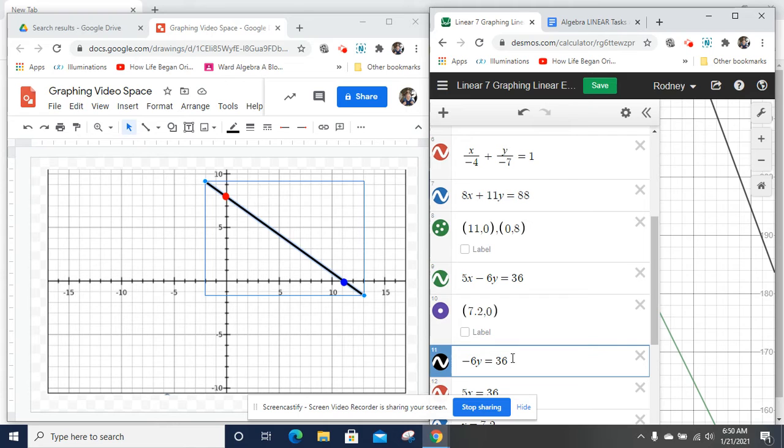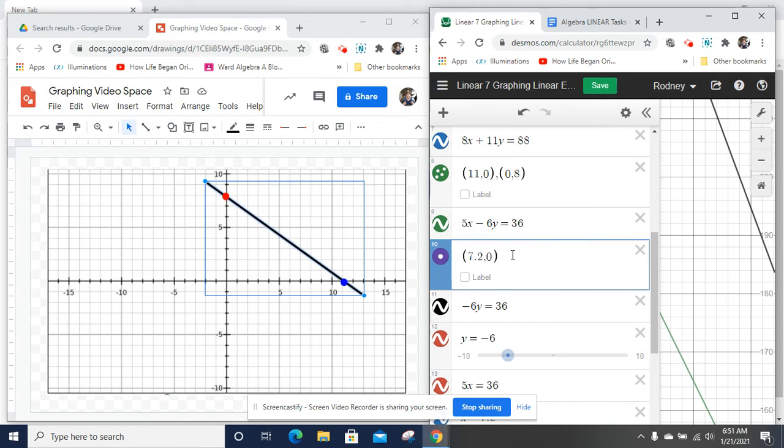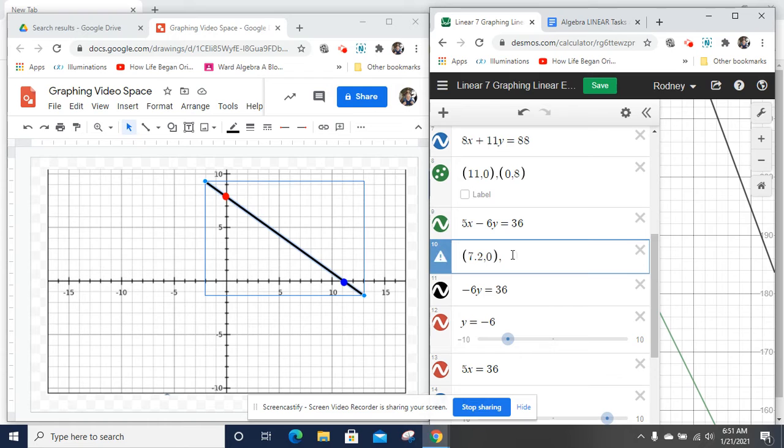We're going to divide both sides by -6. So y ends up being -6. So now I have a y-intercept I could plot. That's a little easier to plot, (0, -6). So let's go ahead and plot the one that's easy to plot.